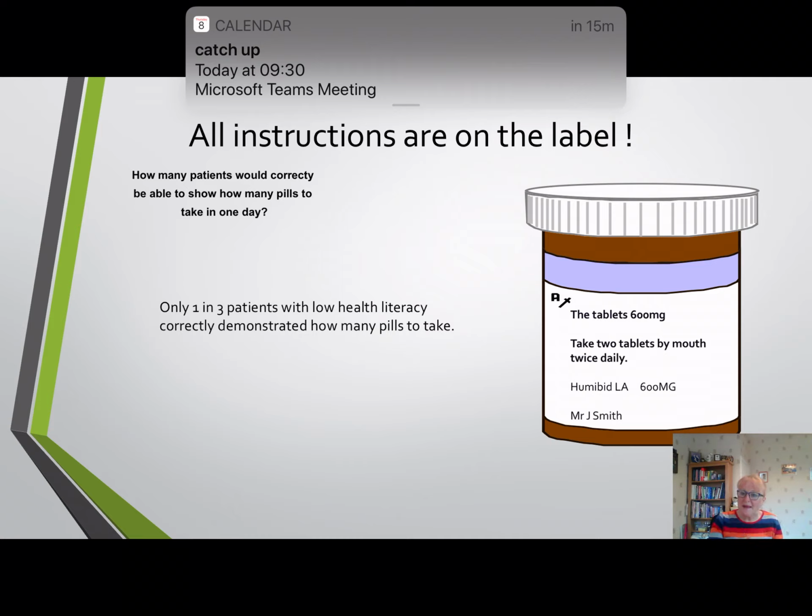So they may be able to read, take 2 tablets by mouth twice a day, but when they had to demonstrate by taking the tablets out of the bottle and when to take them and how many would be taken during a 24-hour period, they could not demonstrate that. And this shows that even though we're putting labels on medicines, it seems quite simple to some people. People with limited health literacy may not understand it.